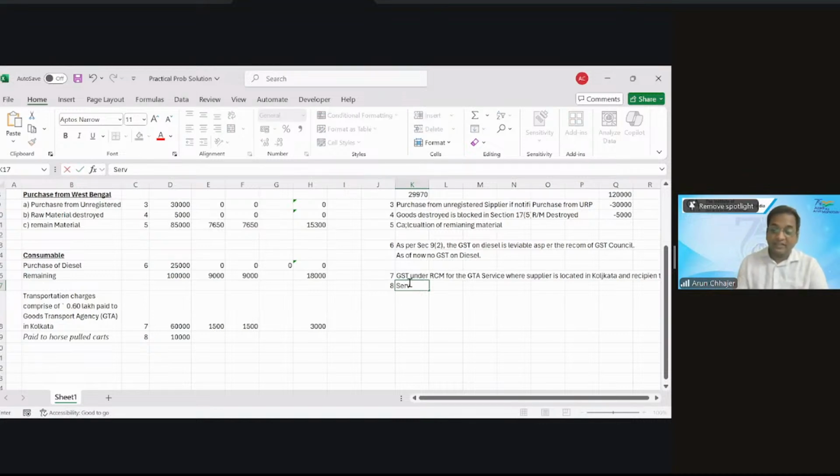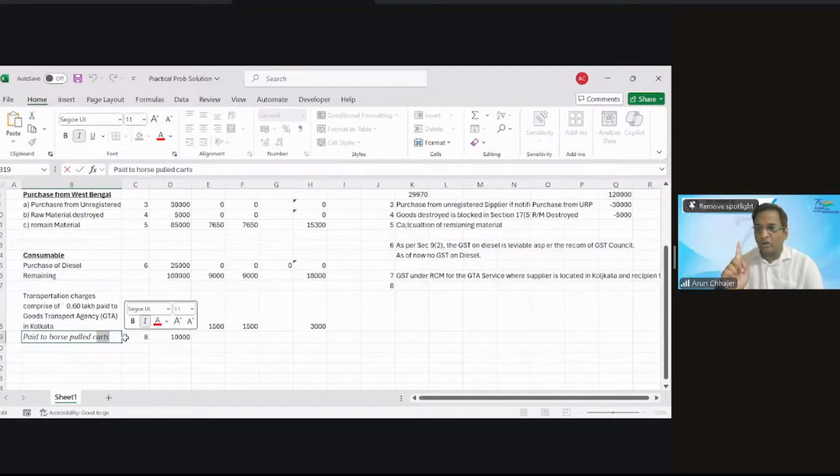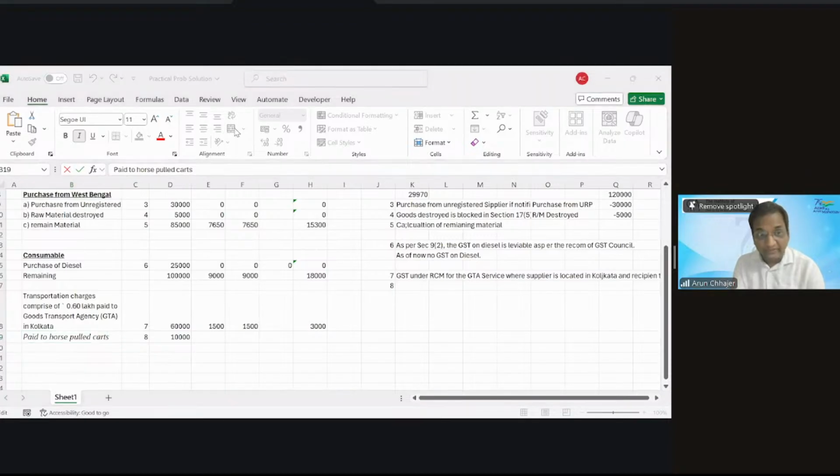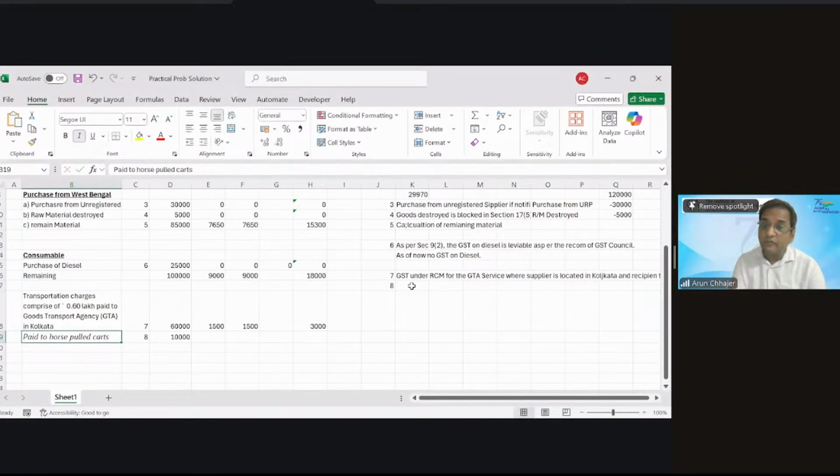Fine. Whether this particular cart is moving the goods or not? Just tell me, is it moving the goods or not? It is moving. So it is a transportation of goods by road.